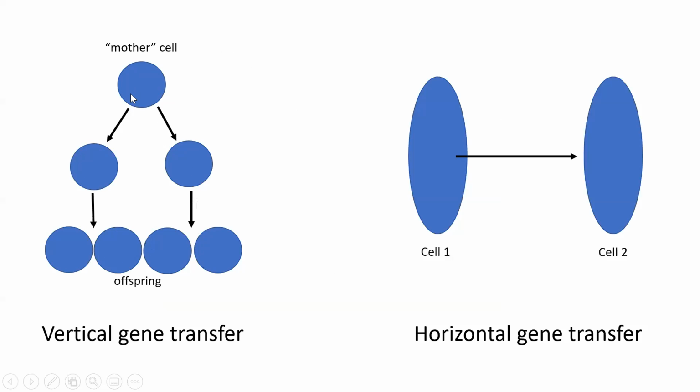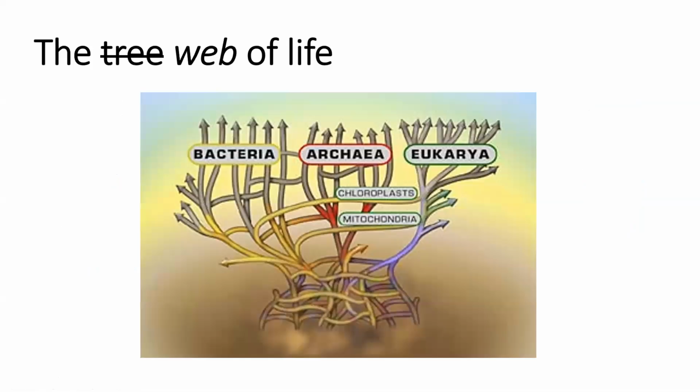You're going to be seeing the inheritable genetic material going from one generation to the next generation to the next generation. That is vertical gene transfer, as opposed to the horizontal gene transfer, which is just one cell to another cell. We see that in bacterial species. Again, we'll be discussing this in great detail in 182.